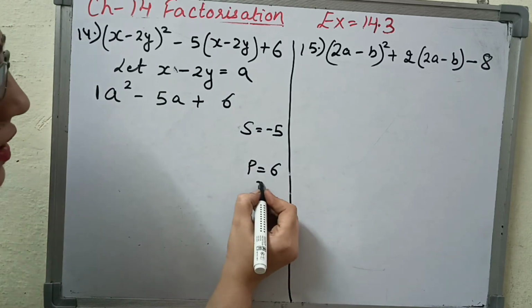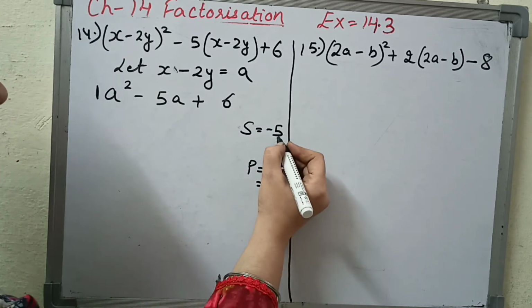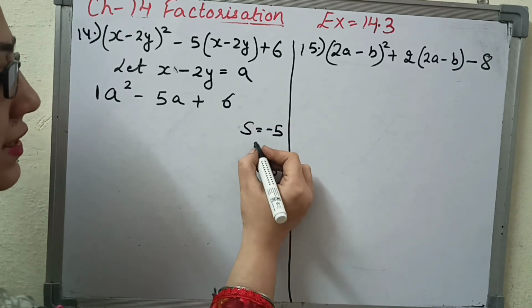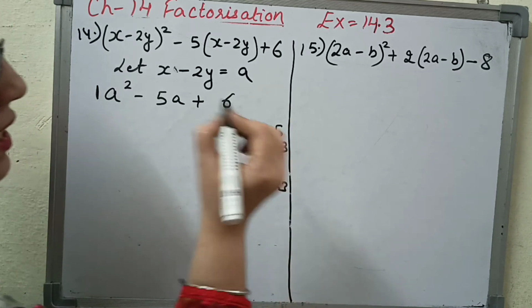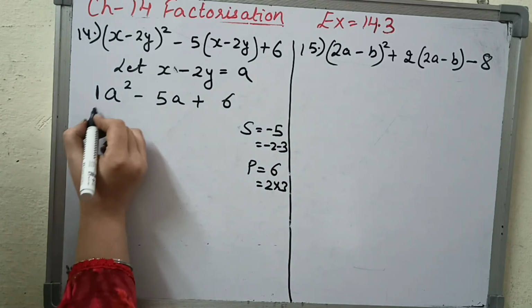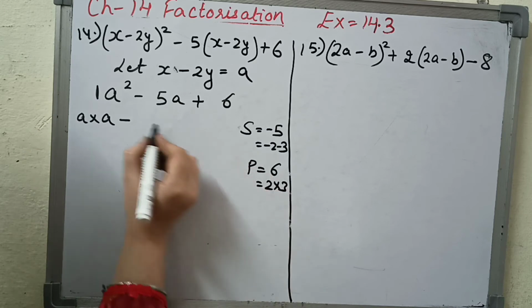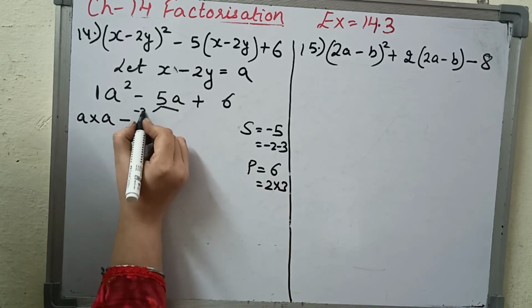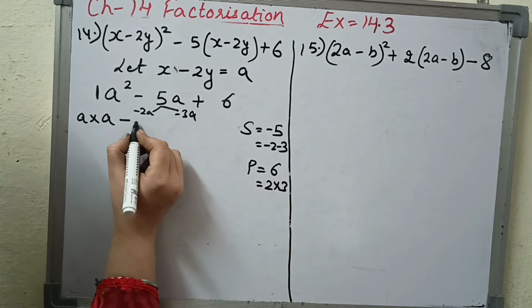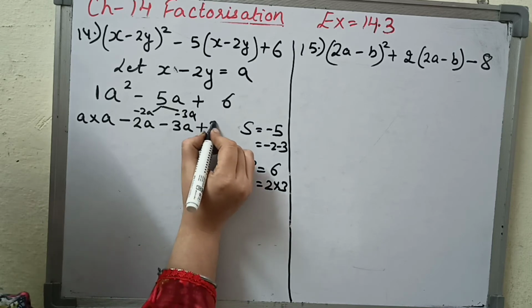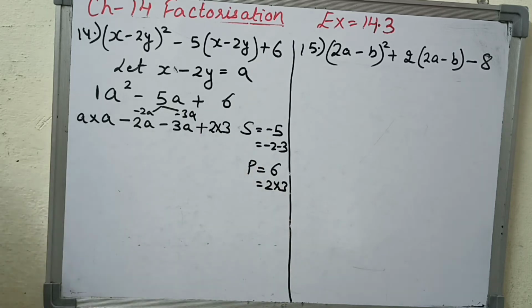Now find the two factors which give us product 6, and after the sum it gives us 5. And you know 2 into 3 is 6, and it is minus 2 minus 3, which is minus 5. So write down a square, it can be written as a into a, and minus 5a is split into minus 2a minus 3a, and 6 can be written as 2 into 3.